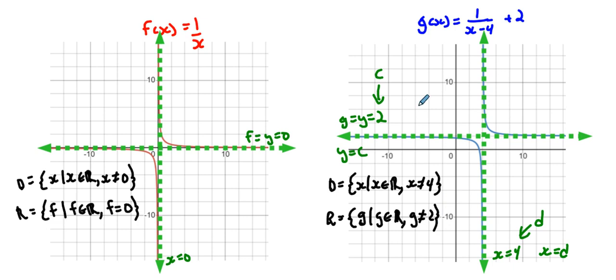So by identifying our d and c values, I now know the equations of my asymptotes, and I now know my restrictions. And you'll see this commonly for anything that has asymptotes that's been translated. You'll see this certainly with exponential functions, for example.